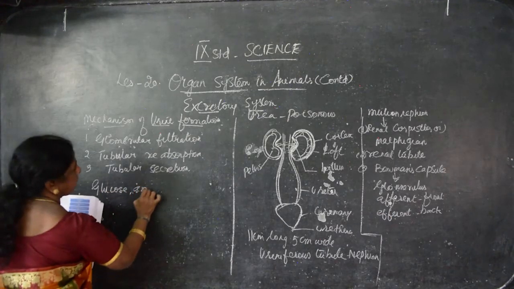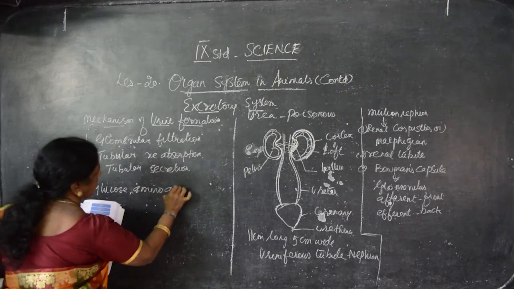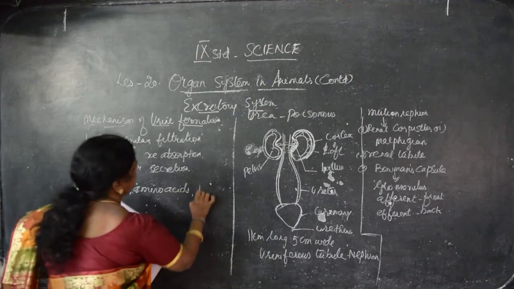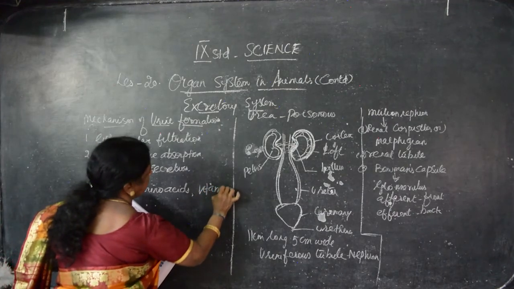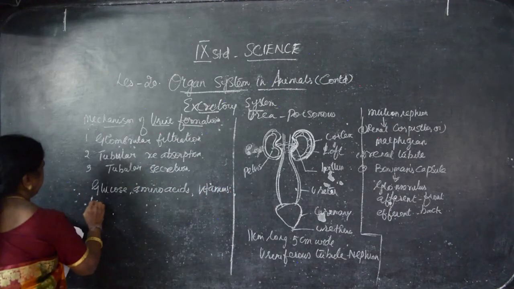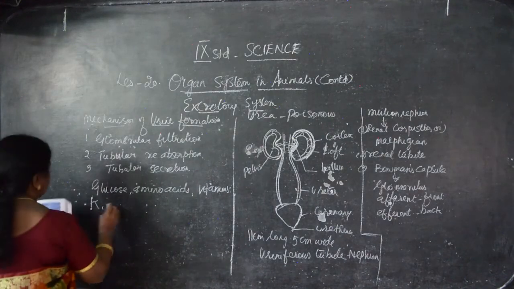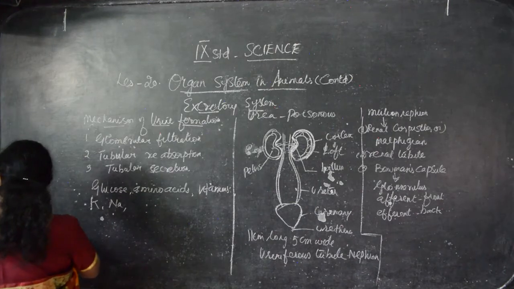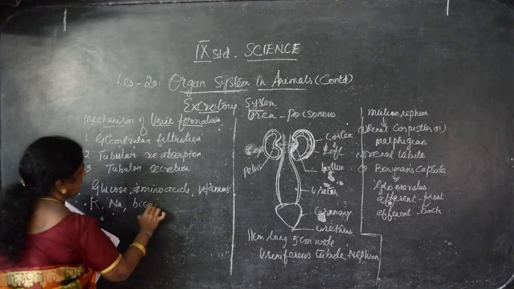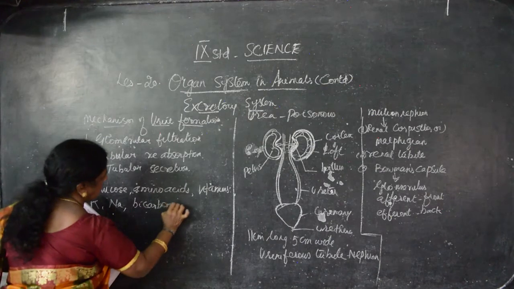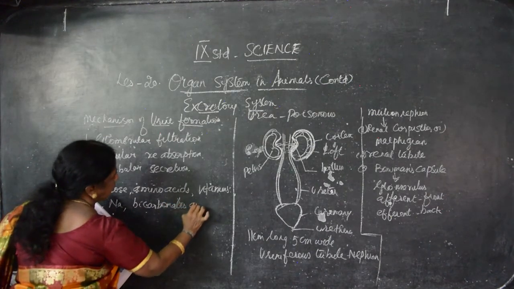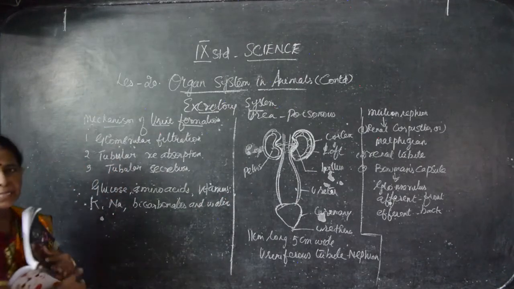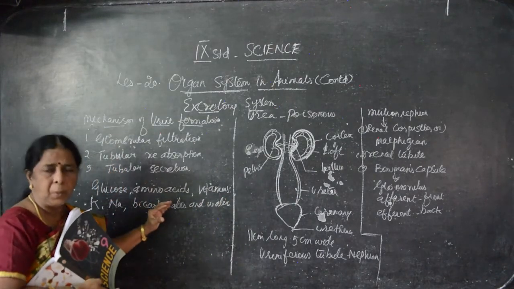Sodium, Na, potassium, bicarbonates and water. These are essential. Essential means we need that, so that can be reabsorbed.